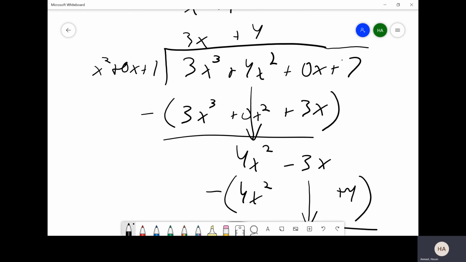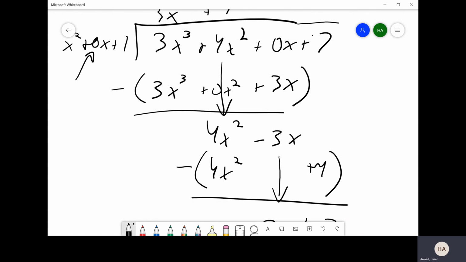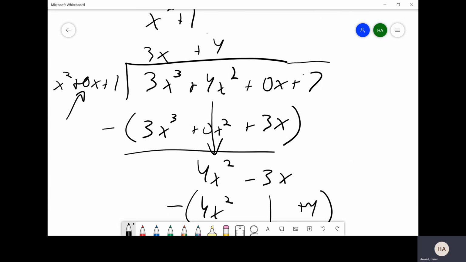So if it helps you conceptualize this better, if you have trouble making sure that things are going in the correct columns, feel free to add this placeholder in here, so you put the necessary things in the correct columns when you're doing the subtraction. Then, following up with what I mean here in the next step, we have 4x squared minus 3x. Well, we realized we needed to multiply by 4.